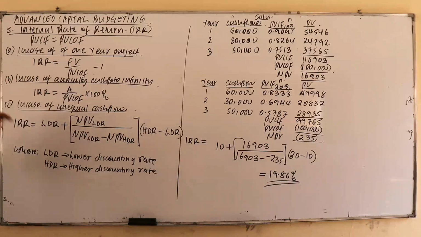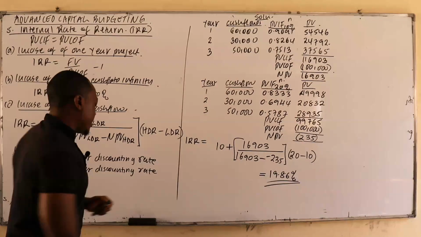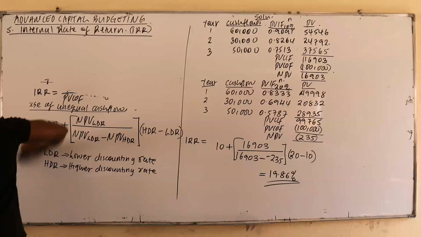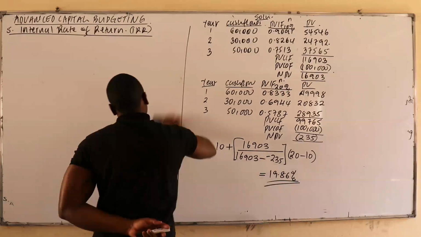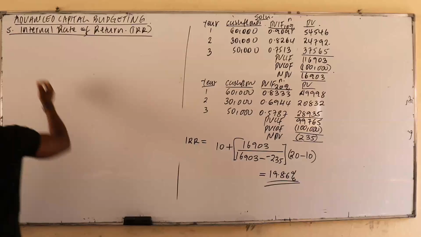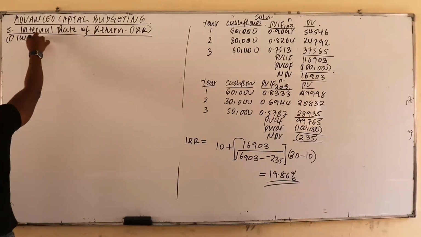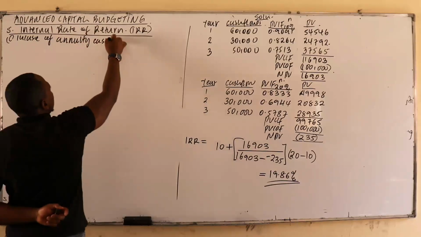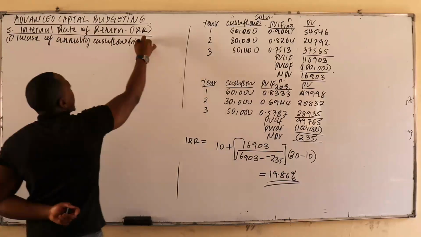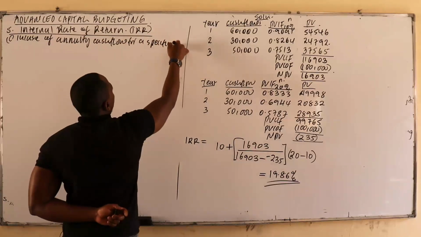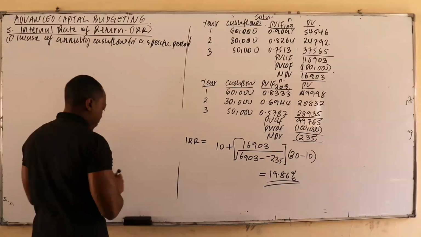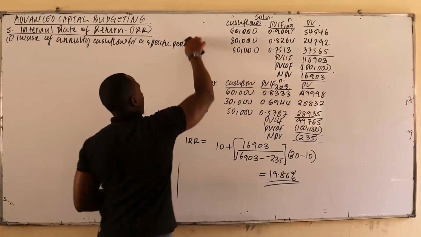Number C is in case of annuity cash flows, in case of equal cash flows, for a specific period.